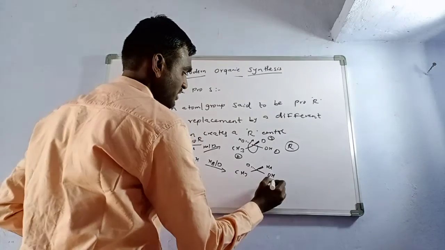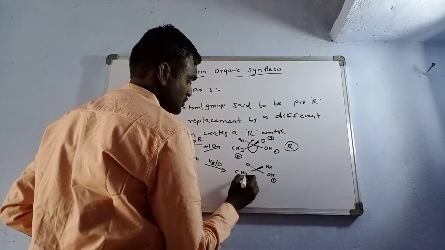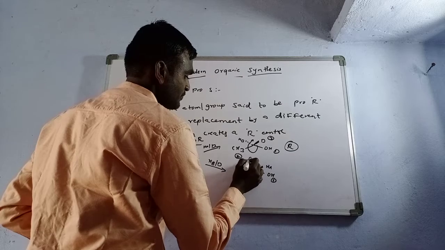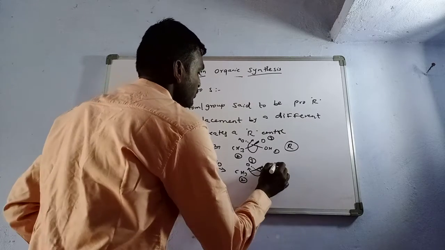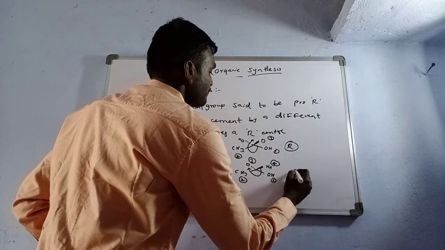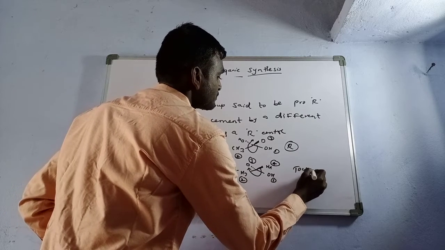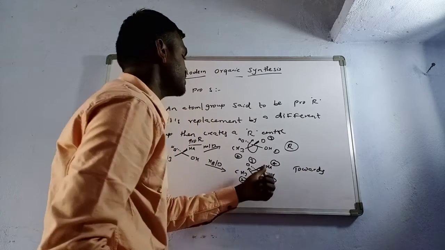Similarly, if we take 1, 2, 3, it is also a clockwise direction, but here the fourth priority group is towards you. This is the thick line.